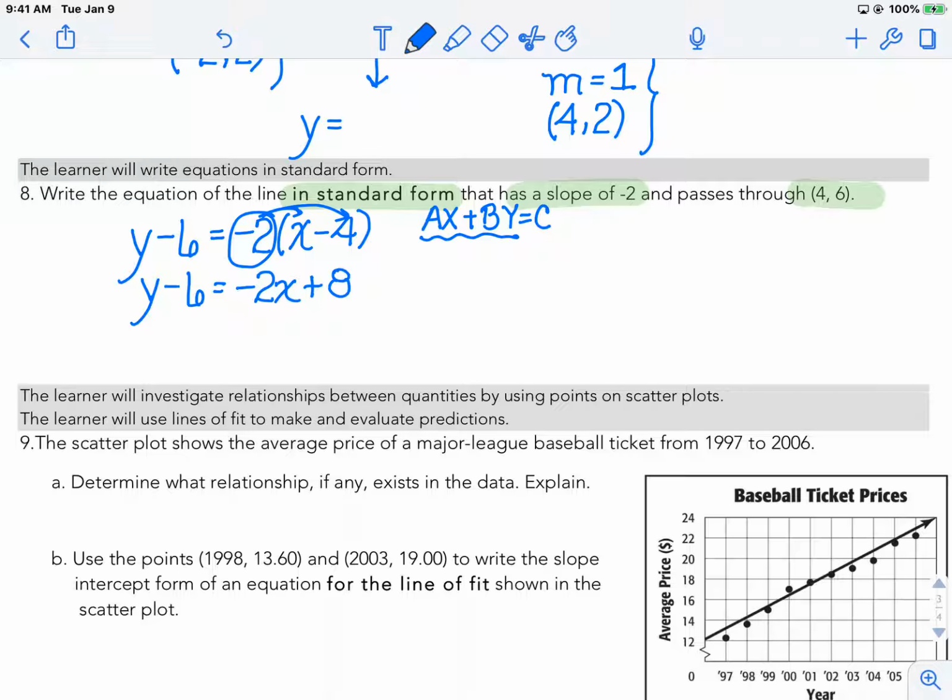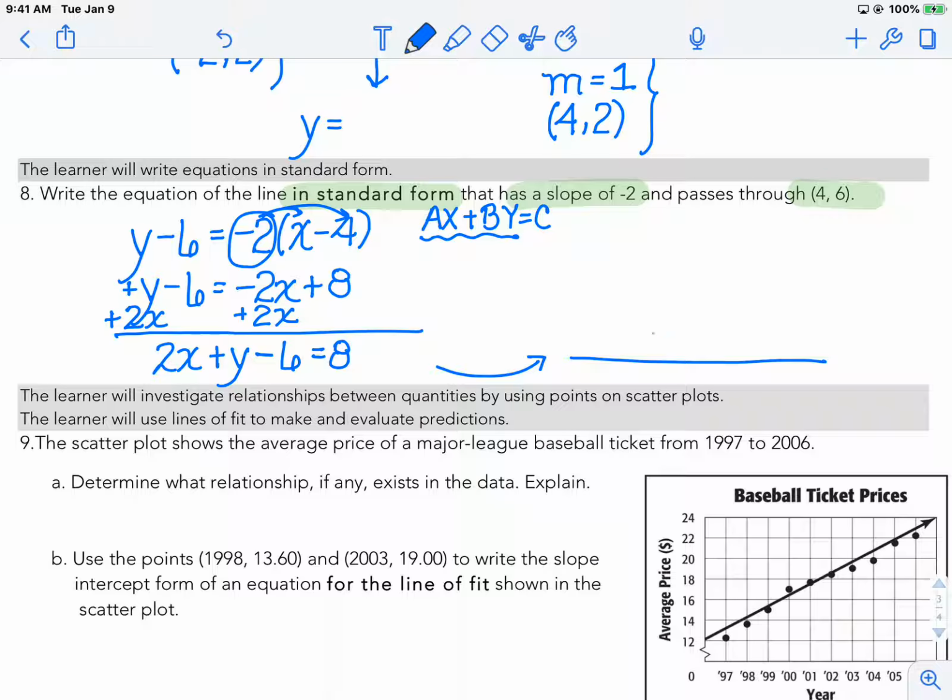Right now the x's are negative, so moving them would actually help. So if I add 2 x's to both sides, I will have 2x. It's a positive y because there's nothing in front of it. I still have a -6 though. So then I need to do that final work of adding 6 to both sides so that you get your final answer.